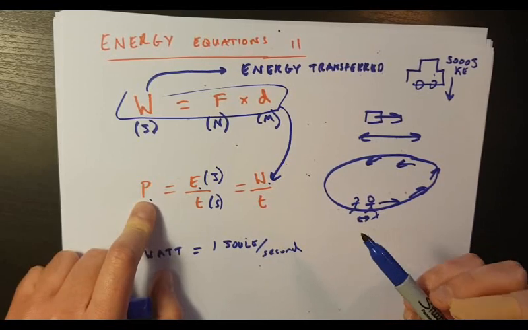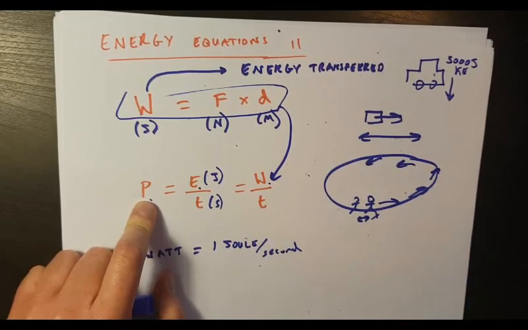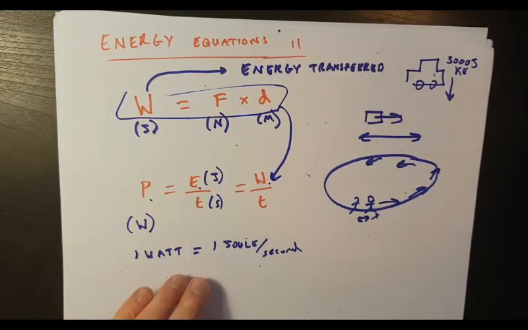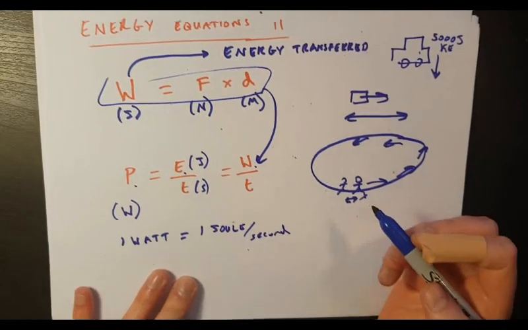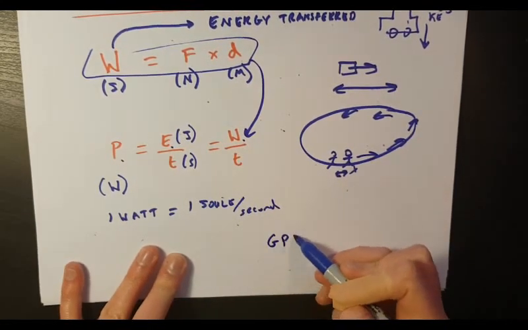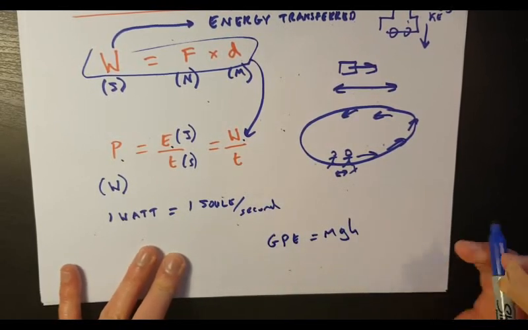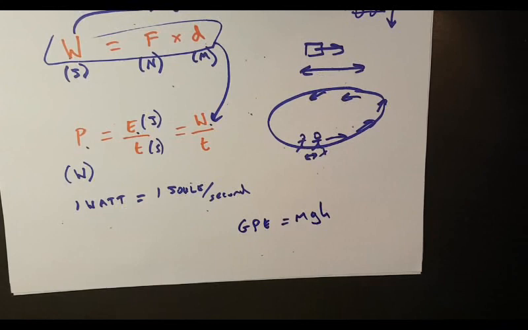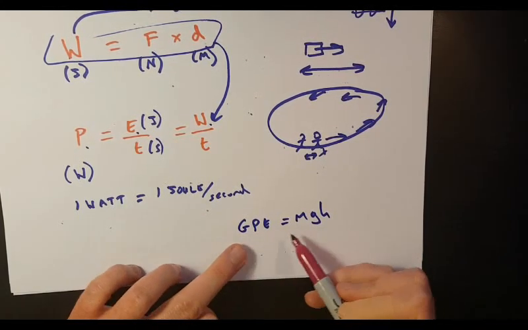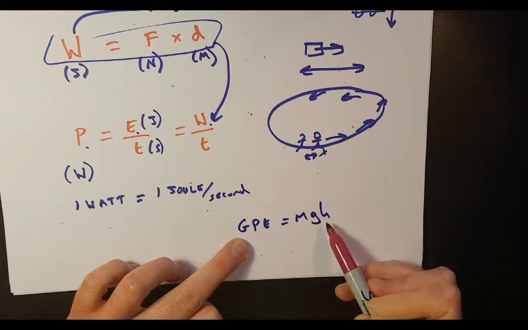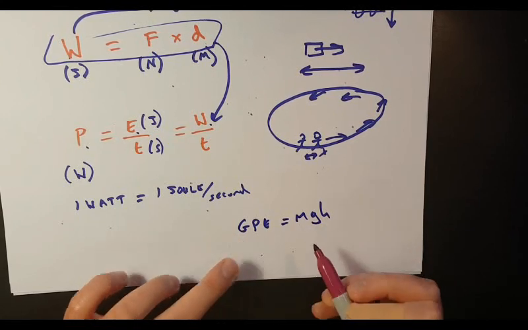If we go back to the other equation that we looked at, for example, we said that gravitational potential energy equals mass times gravity times height. This is a similar thing going on here. Gravitational potential energy, mass times gravitational field strength times height.